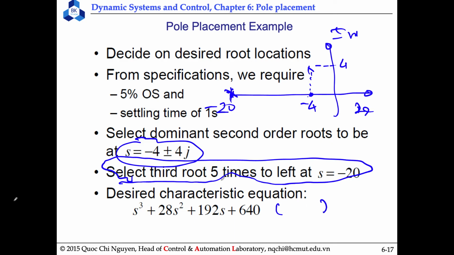Okay, and so we check the desired characteristic equation by multiplying the second order system of this root with s plus n. And here we have the desired characteristic equation.